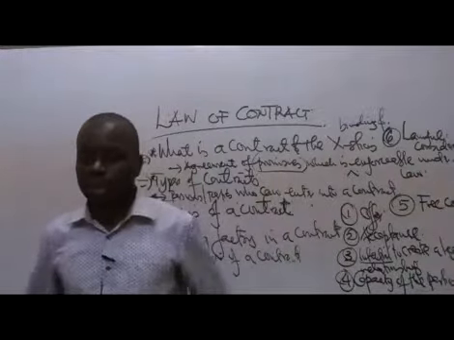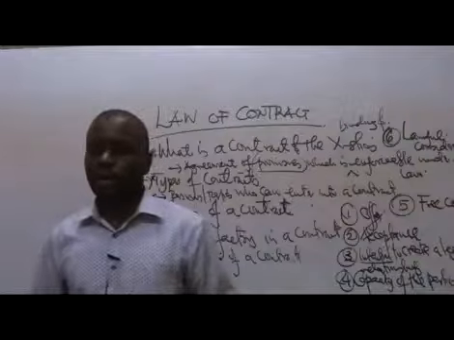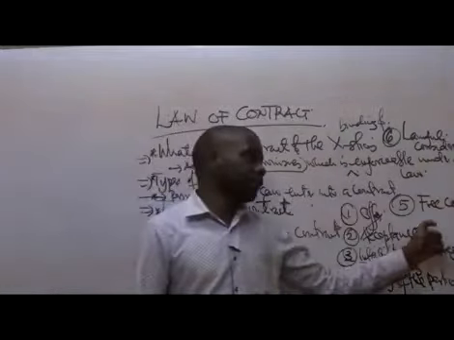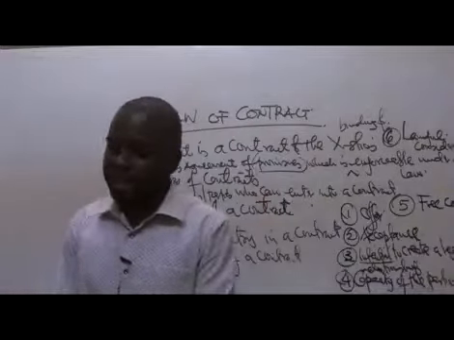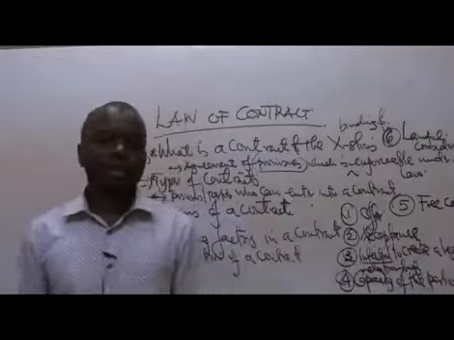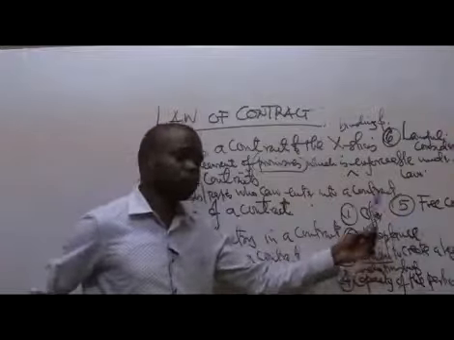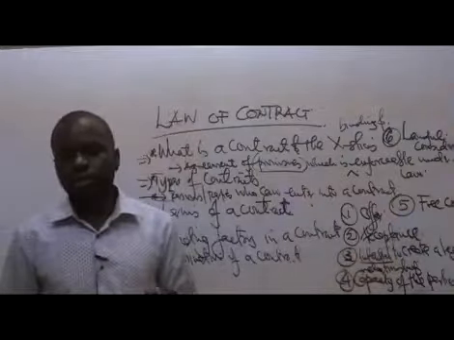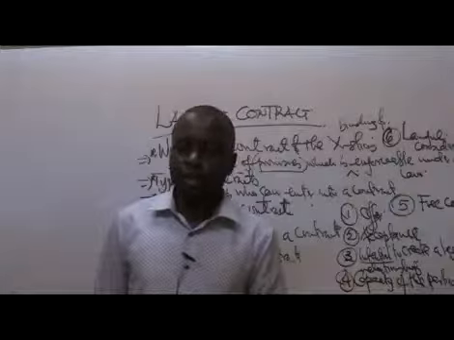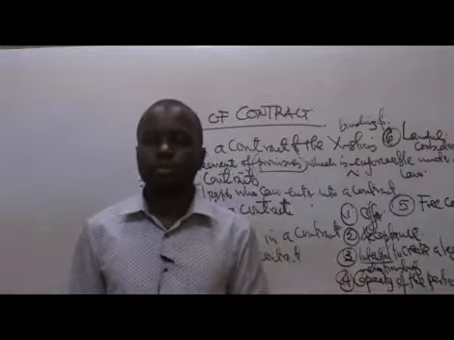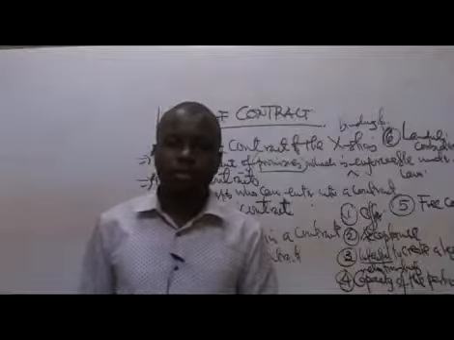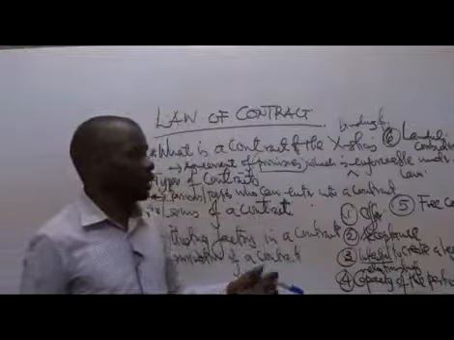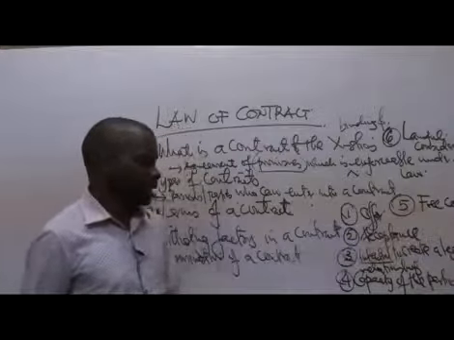So you are paying the loan, but it's not out of what we call free consent. So in any contract or agreement, there should be this particular element we call free consent. No person or party should be forced to enter into a contract or be threatened or forced. So these elements should be present for any valid contract to exist.